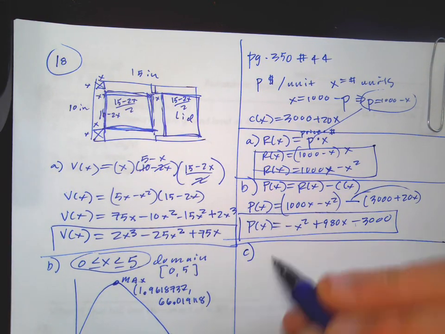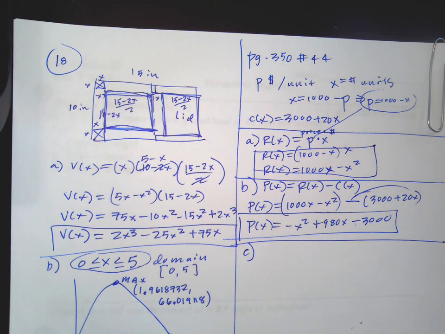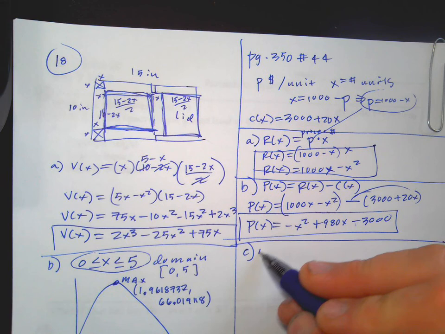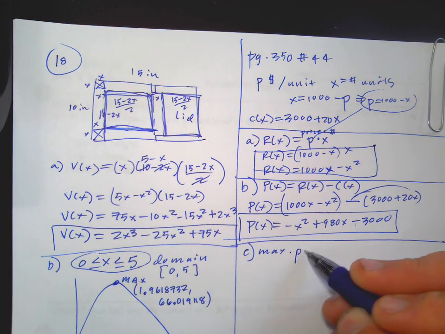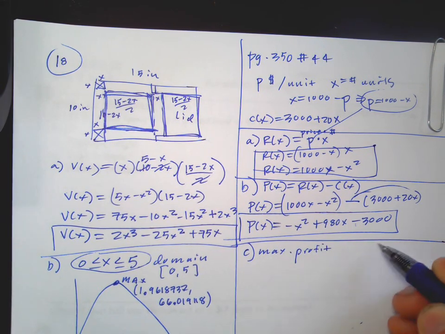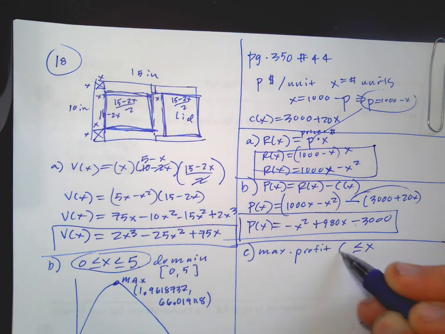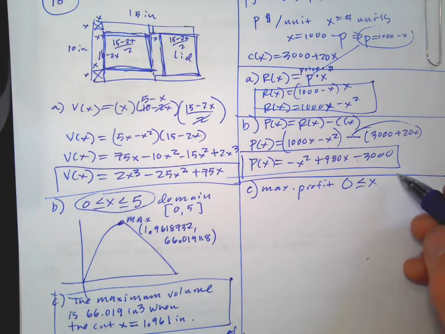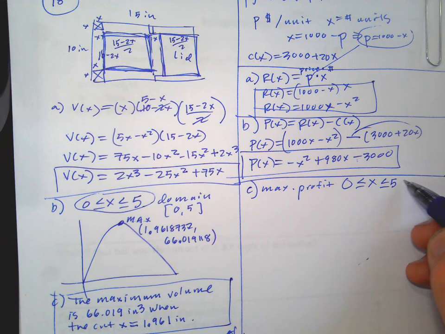Part C says, assuming that production capacity is at most 500 units per day, determine how many units a company must produce and sell each day to maximize the profit. Here's the nice thing, they actually give us a cap. We can't make negative units. We could make 0, but we can only go up to 500.